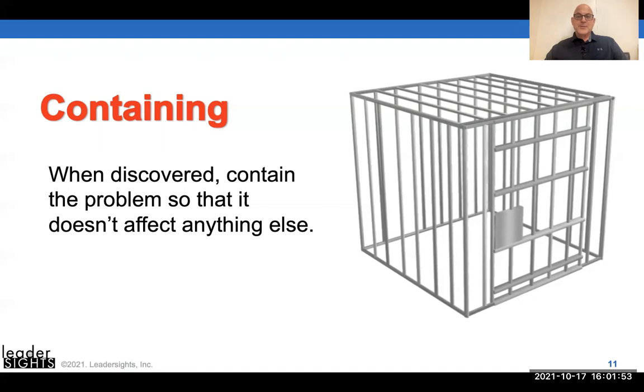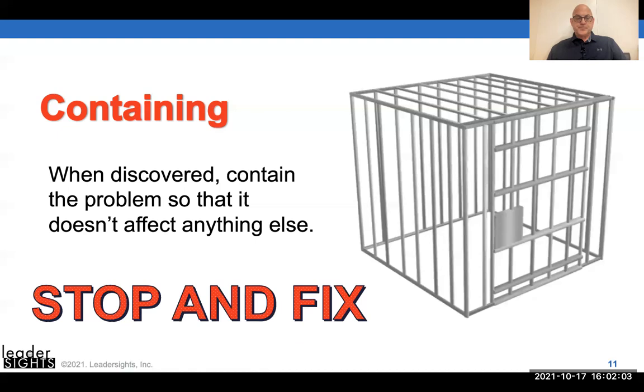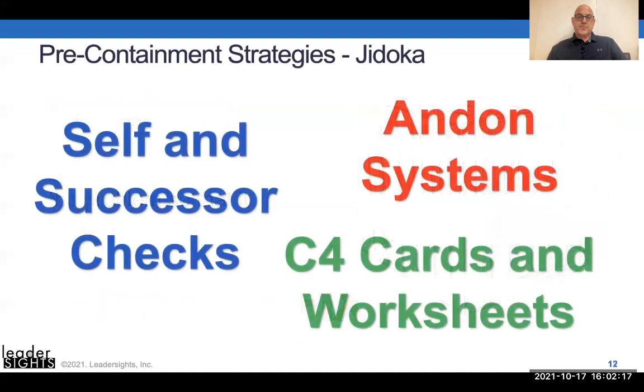So that might be on the customer, that might be on Domino's, but everybody is trying to prevent a problem from spreading or prevent a problem from reaching a customer. And the key thing is the quicker we can find that problem, we can stop the process, we can fix it, and then we can turn it back on so that we minimize the chance of producing multiple defective parts.